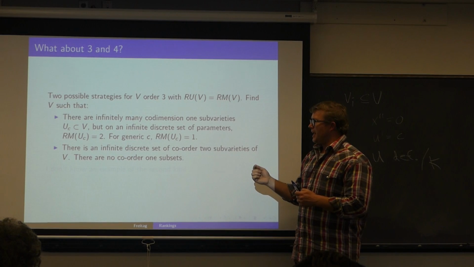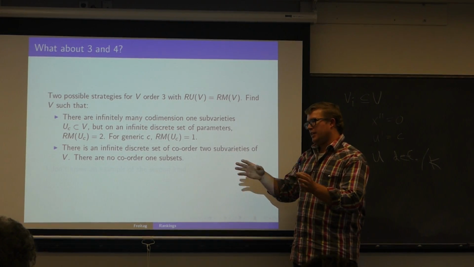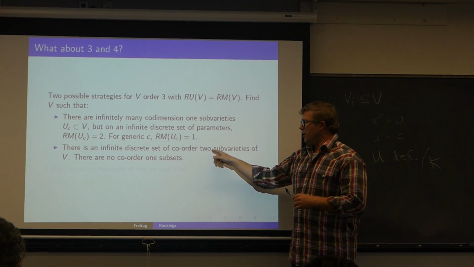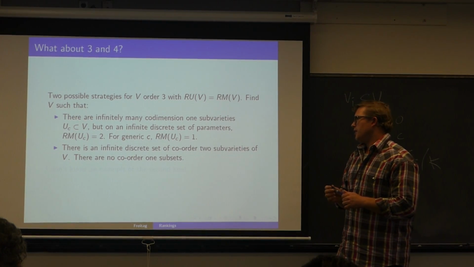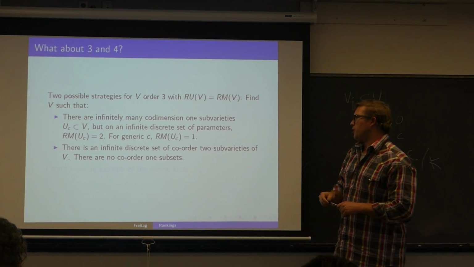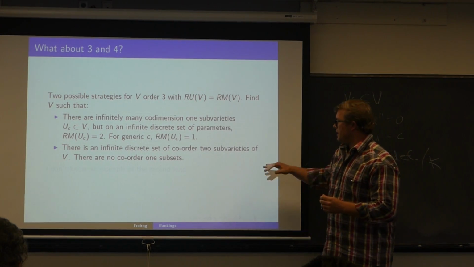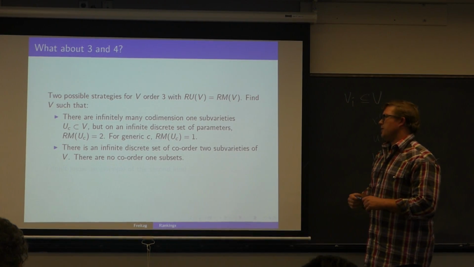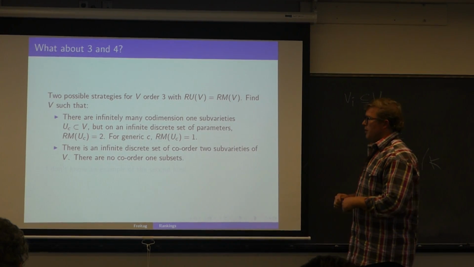The first one is that there's an infinite discrete, not uniform, family of codimension 2 subvarieties. And maybe you'd want to enforce that there's no codimension 1 subsets just to be careful. In this case, you'd get something that has Morley rank 2 and Lascar rank 1.